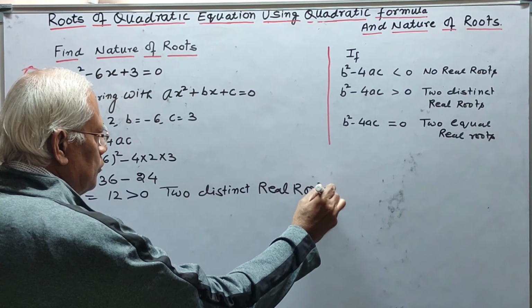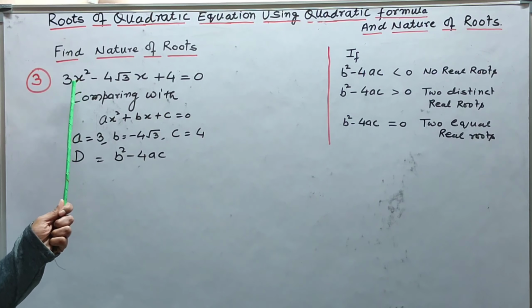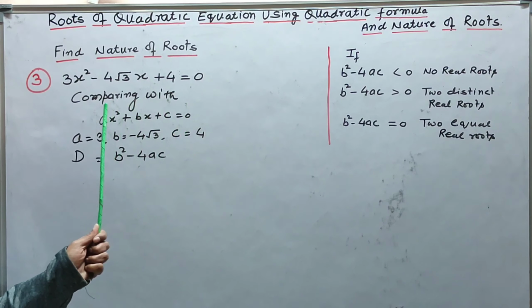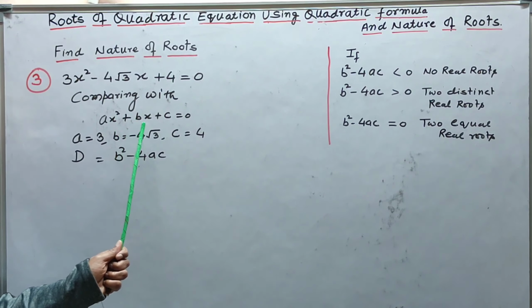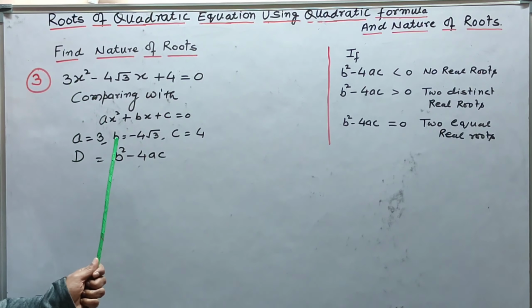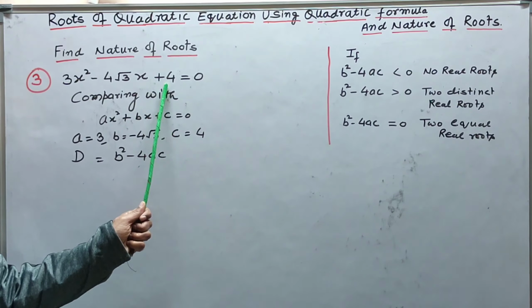real roots. Third question is the given quadratic equation 3x square minus 4 root 3x plus 4 equal to 0. Comparing with ax square plus bx plus c equal to 0, a equal to 3, b equal to minus 4 root 3, and c equal to 4.